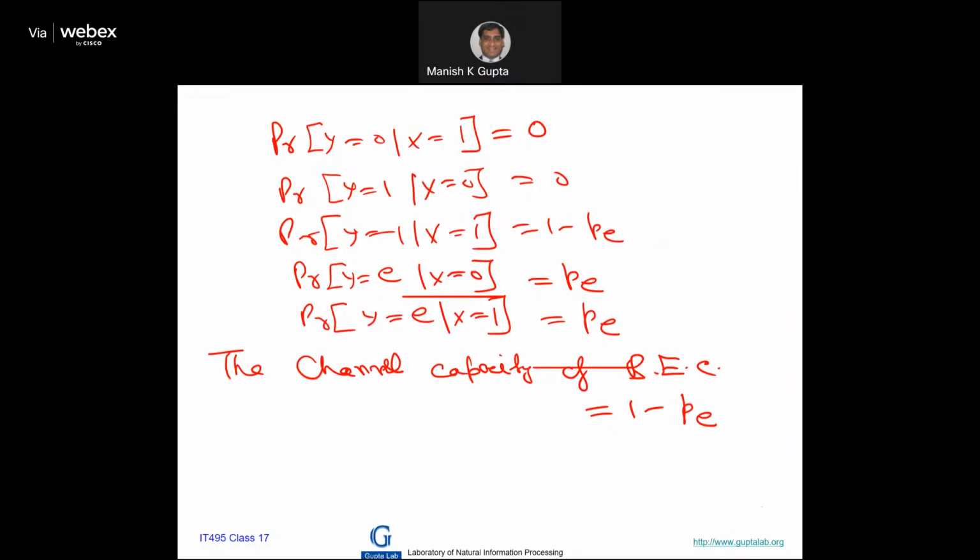And this is attained with a uniform distribution for X. It means that when half of the input is 0 and half of the input is 1, this capacity is achieved. By the way, for the deletion channel, the formula for capacity is still an open problem.